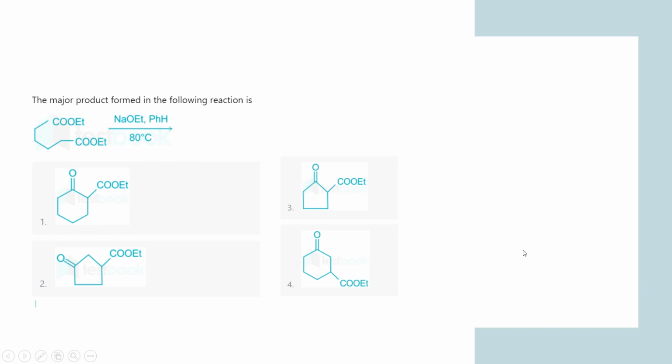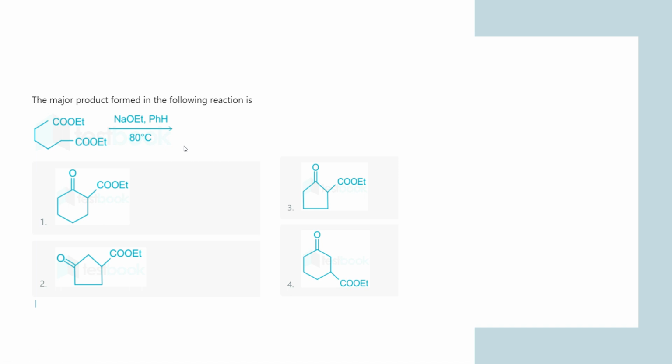So in the next question, the major product formed in the following reaction is, you are given this diester compound and we are treating it with base sodium ethoxide in presence of benzene solvent at 80 degrees Celsius. Okay.